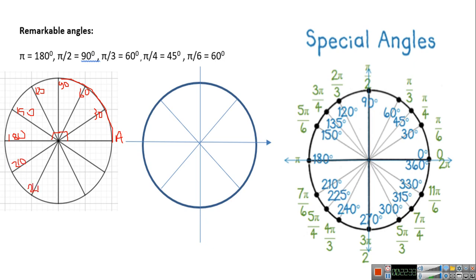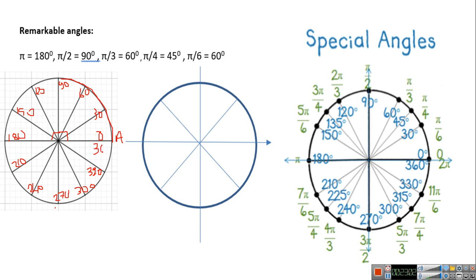All these multiples of 30 or 60 or 45 are called remarkable angles. This is 270 here. You can see it's 3 times 90: 1, 2, 3. So 3 times 90 is 270. Here, another 30, 300. Another 30 is 330. And 0 is like 360. 0 or 360 degrees in this.